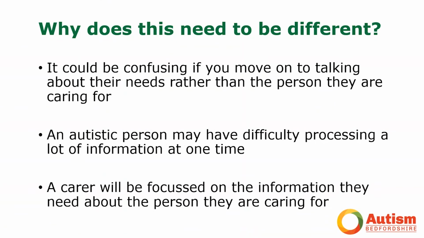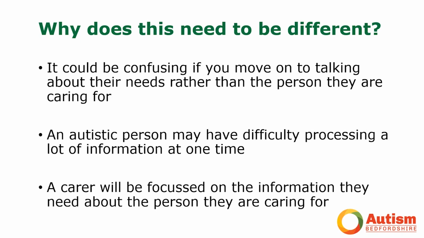An autistic person may have difficulty processing a lot of information at one time, and also from a sensory perspective, from the sensory input that they're having as well, their anxiety will start to rise. So if you're having it at a different time, they're going to be processing a separate amount of information.